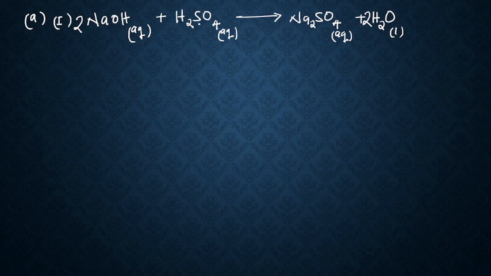The sulfur: we've got 1 on the reactant and 1 on the product. Then the oxygen on the reactant: sodium hydroxide has 2 oxygen, and the acid has 4 oxygen. Together they make 6 oxygen. On the product, sodium sulfate has 4 oxygen, and water has 2.